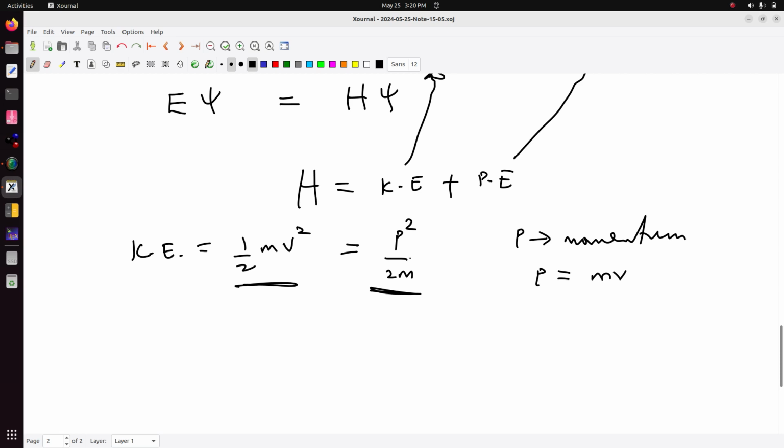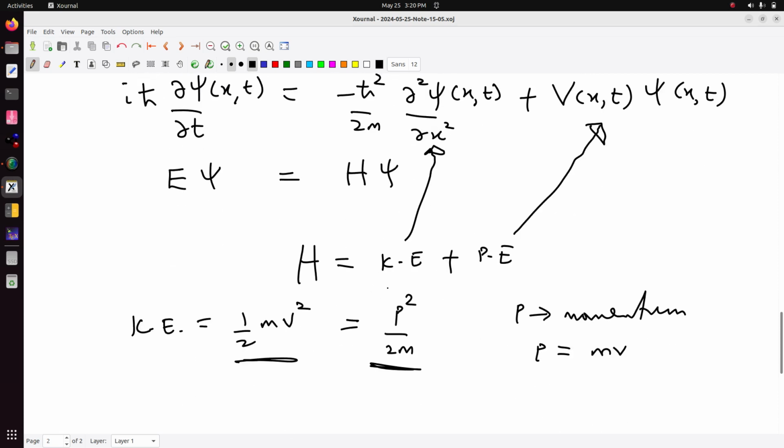Now in quantum mechanics, the momentum and even the position are operators. The square of the momentum operator, p squared, is minus h bar squared partial squared over partial x squared. And the energy is also an operator: E is i h bar partial over partial t.